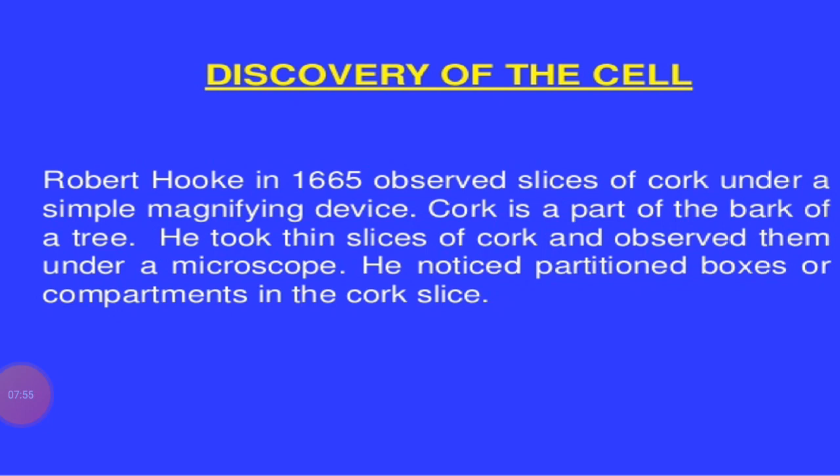All living bodies, either plants or animals or human beings, are made up of cells. It is a structural and functional unit of the organism, because the body cells are responsible for the functions of the body. So it is the structural and functional unit of the living organism.